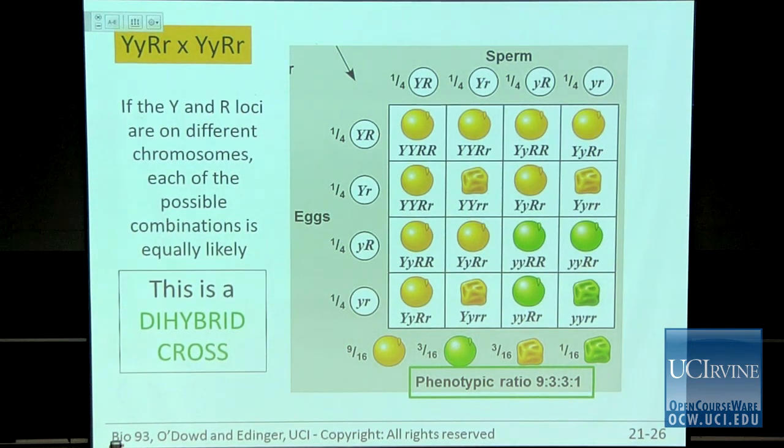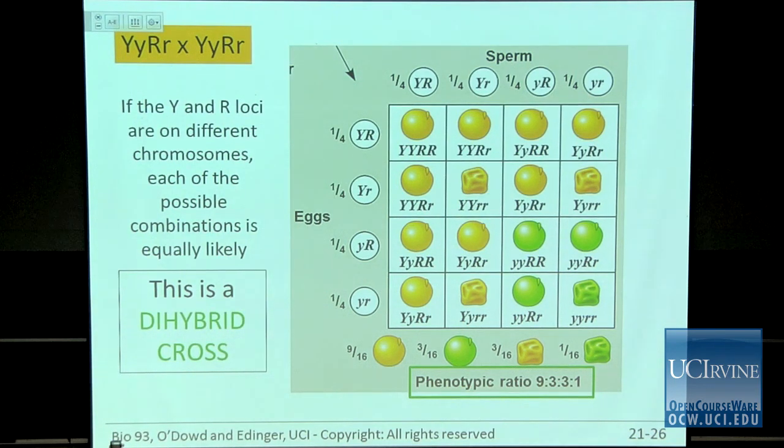And only 1 time out of 16 will you get an individual that has both recessive phenotypes. So you can do the Punnett Square if that makes sense to you, or you can just remember the phenotypic ratio. But this is a phenotypic ratio, not a genotypic ratio. If you figure out the frequency of each of the genotypes, it comes out differently.